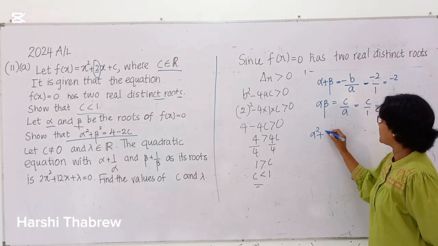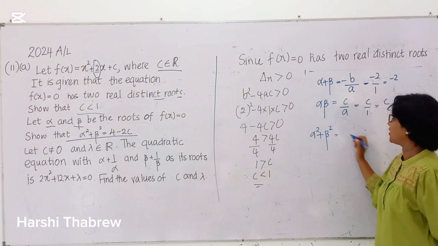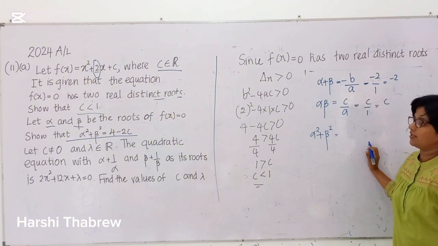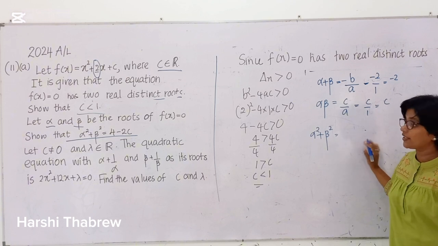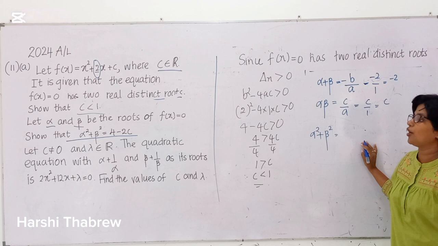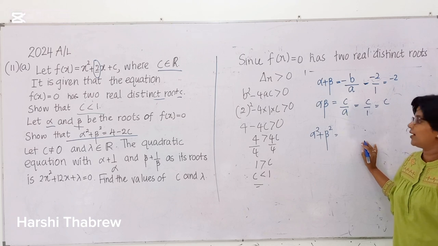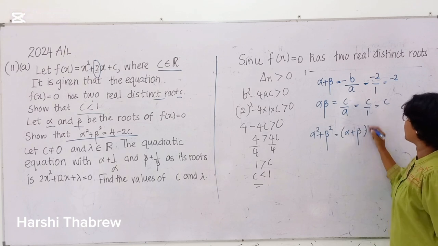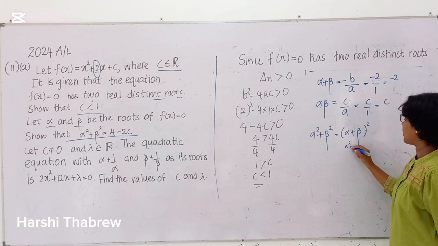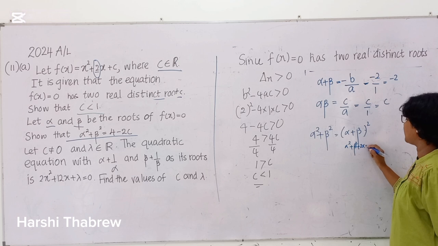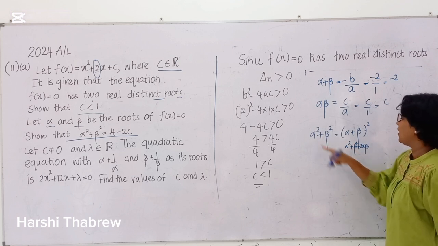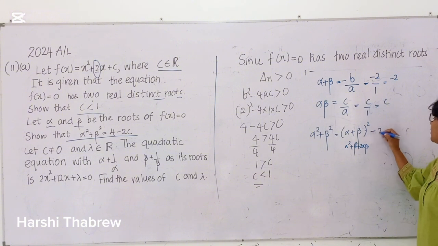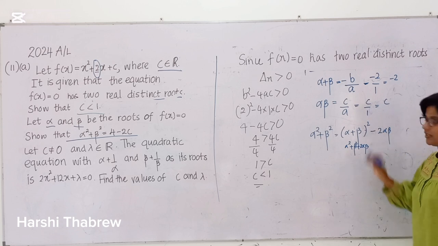To find alpha squared plus beta squared, we can use the square of the sum of two roots, from that perfect square.